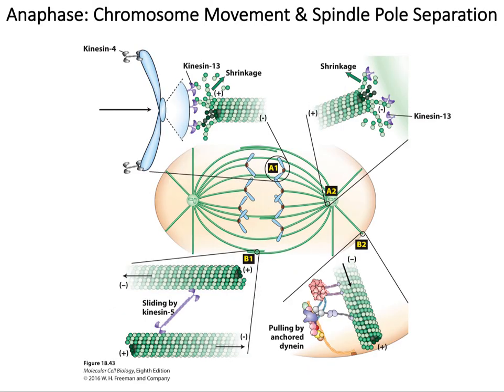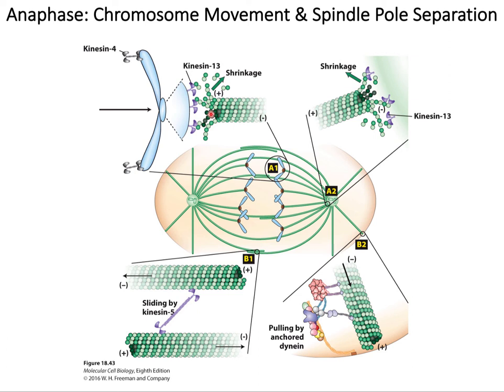Now here is another detailed rendition of the events in anaphase A and B and the role of the motor proteins. So in anaphase A, the movement of the chromosomes to their respective poles is powered by microtubule shortening by kinesin 13 proteins at the kinetochore, and this is happening at the plus end of the kinetochore microtubule, shown as A1 in the figure.